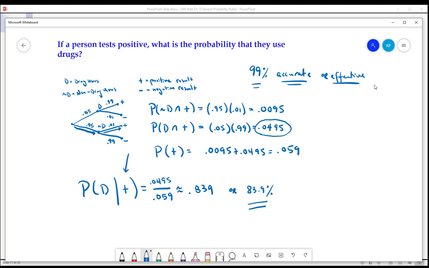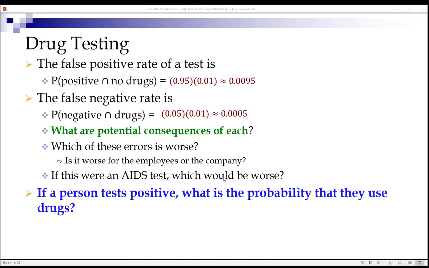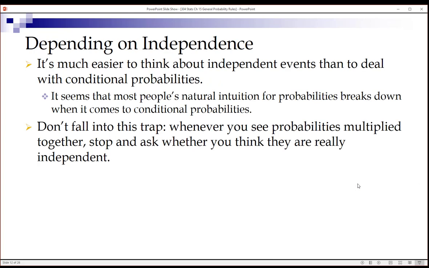So that test that's supposed to be 99% effective isn't really what you think it means, right? When we say that the test is 99% accurate or 99% effective, that's not exactly how a lot of people interpret that. So in any case, the probability of that was 83.9%.